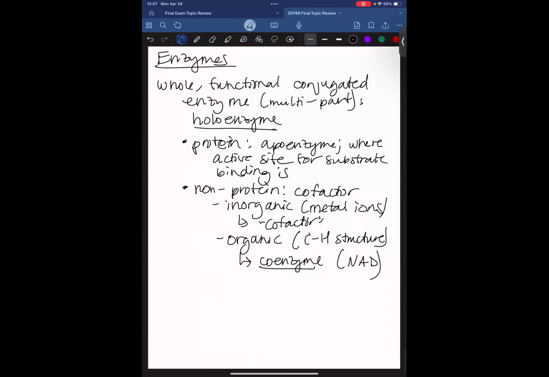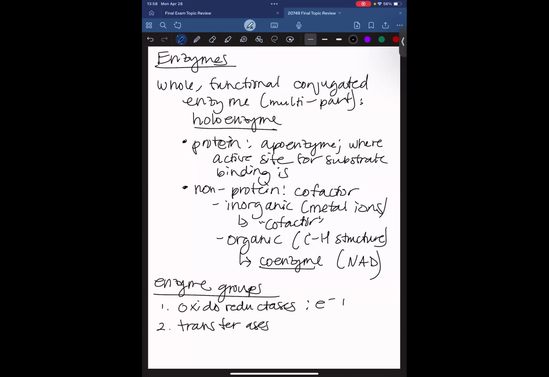Make sure I'm covering this. We had 6 basic enzyme groups and 4 of them that I decided were really important. So I'm going to go over those enzyme groups. These are going to be our oxidoreductases, our transferases. So oxidoreductases are involved in electron transfer.